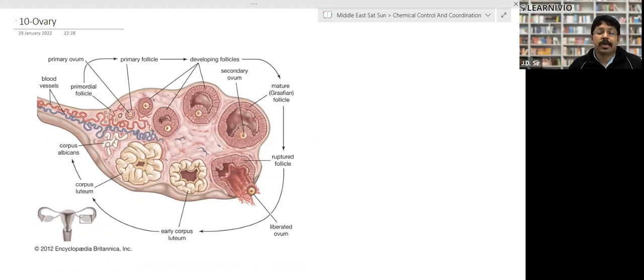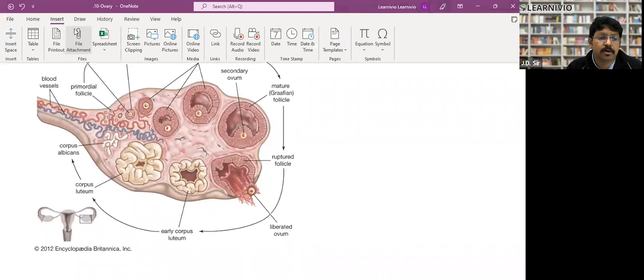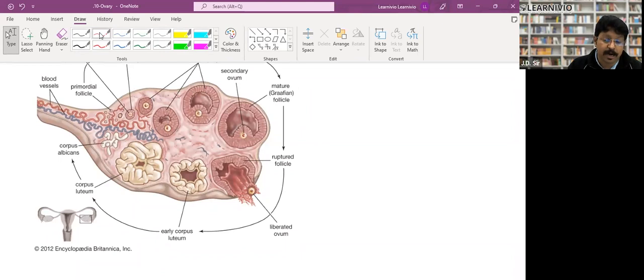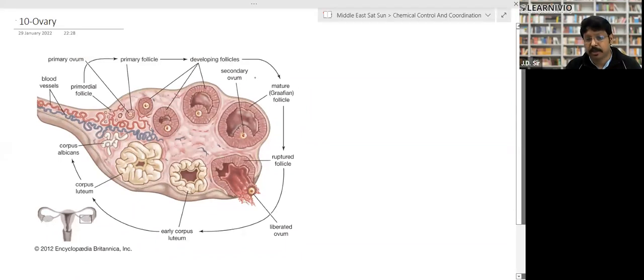But in a female, the formation of egg takes place when she is in the womb of her mother. So even before birth, at the fetus stage, formation of egg starts in females, but in males the formation of sperm takes place after puberty. That is the difference between male and female.